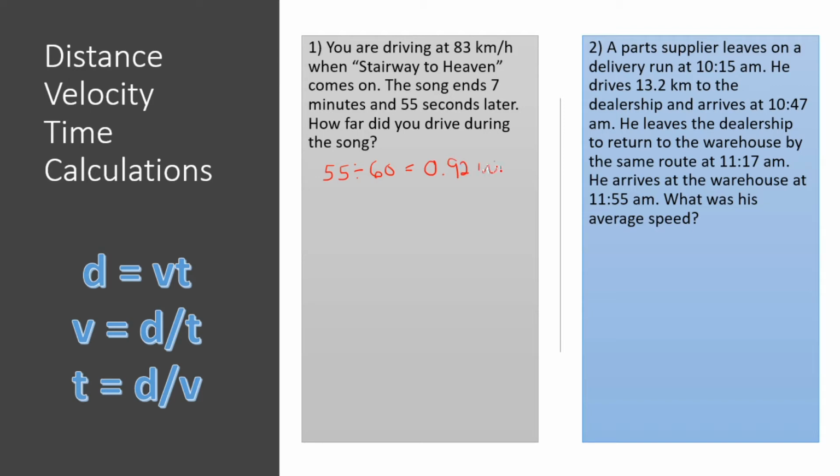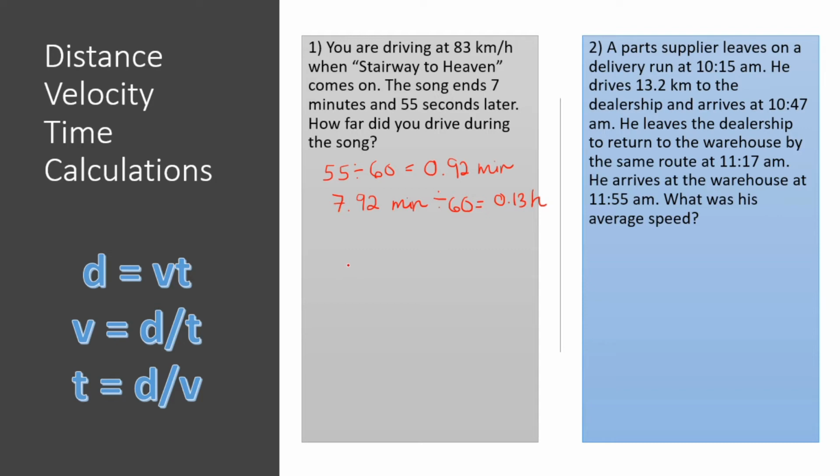So I have 0.92 minutes, but I already had 7 minutes. So now I know that my time, 7 minutes 55 seconds, is the same as 7.92 minutes. And guess what? I'm going to have to divide that by 60 again, because that will make hours. And when I do that math, I get 0.13 hours. Excellent.